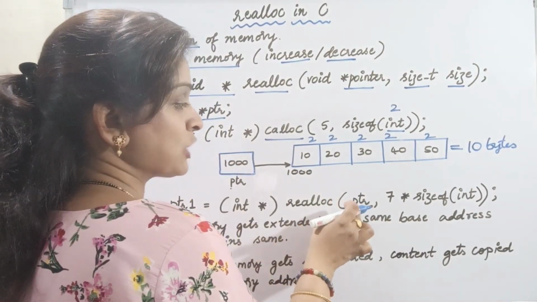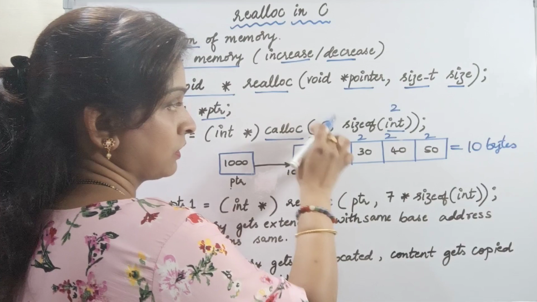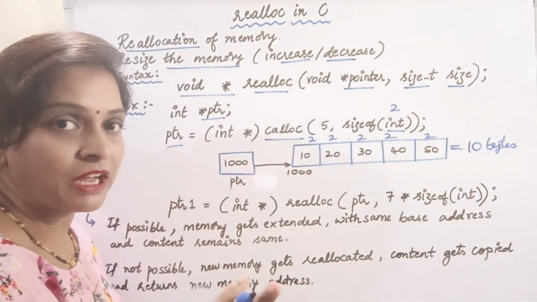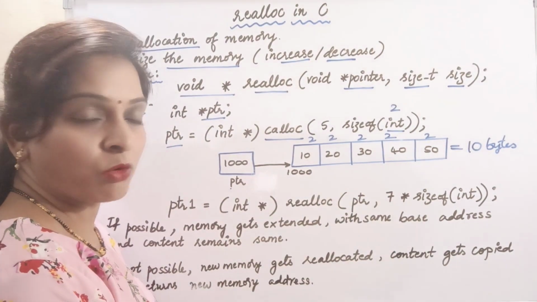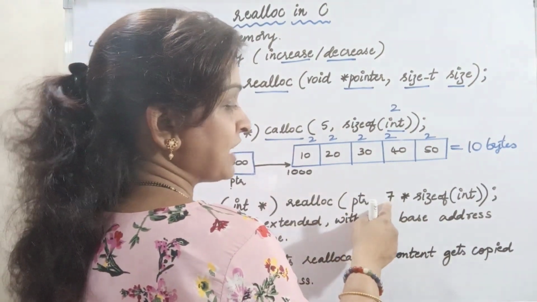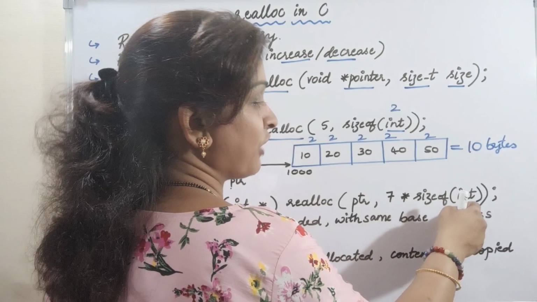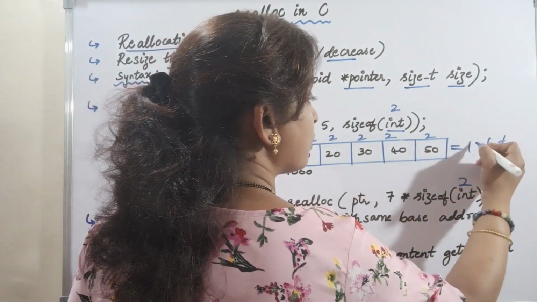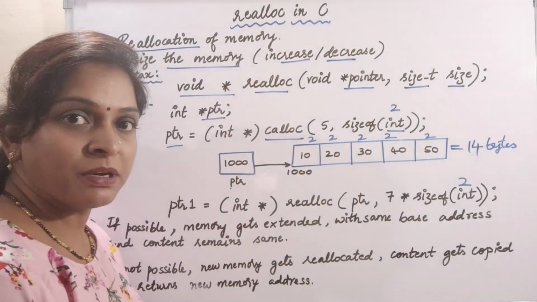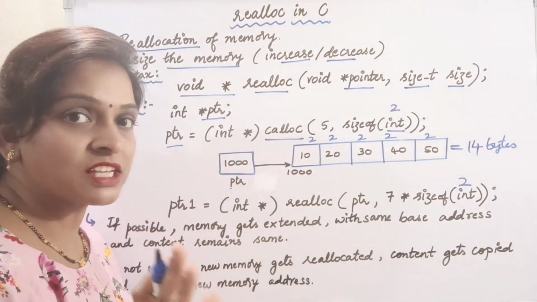PTR has already allocated the memory to store 5 elements. I want to store a few more elements, plus 2 more elements. So totally I say 7 into size of int. So I just say 7 into 2. I want to store 7 elements, so 14 bytes of memory is required.